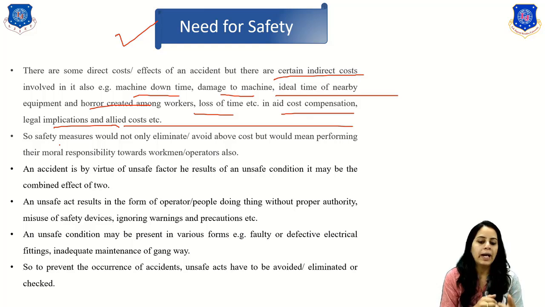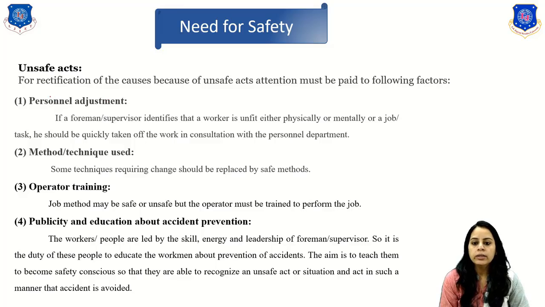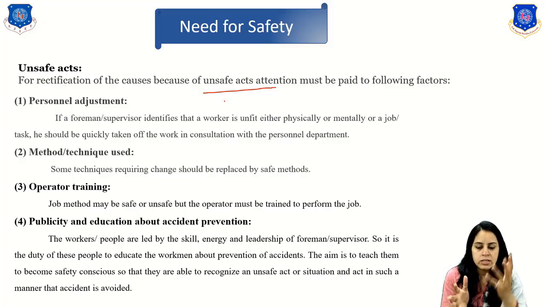To prevent the occurrence of accidents, how should unsafe acts be avoided, eliminated or checked? Here the remedies for unsafe acts are given. For rectification of the causes of unsafe acts, attention must be paid to some areas.